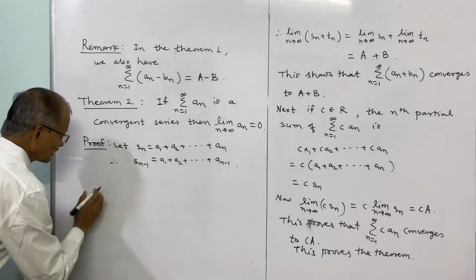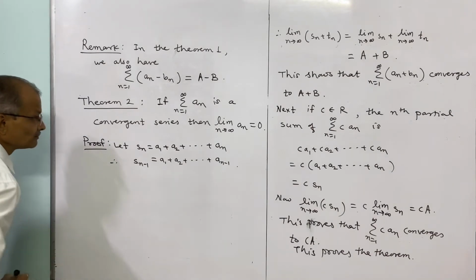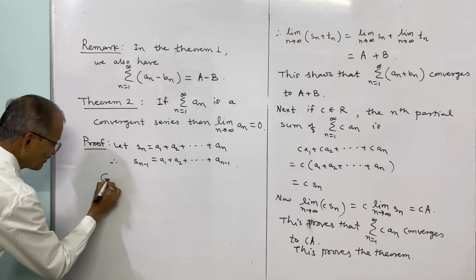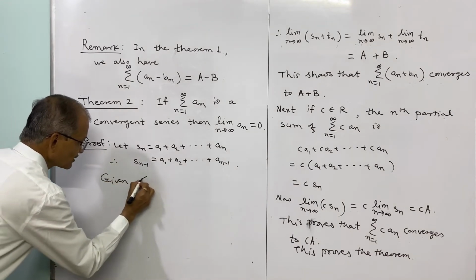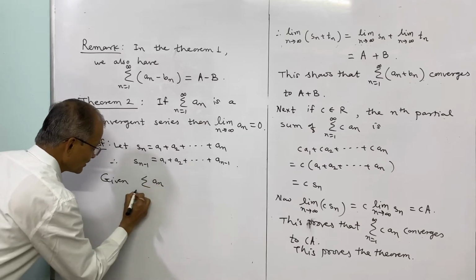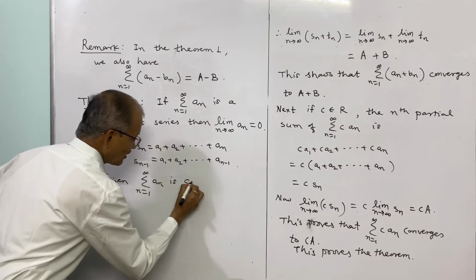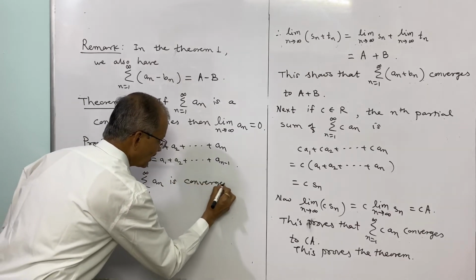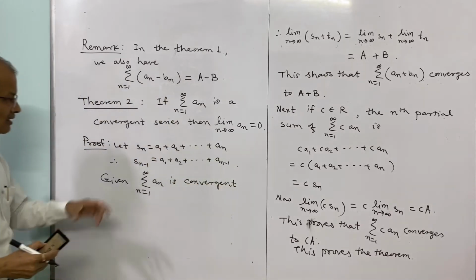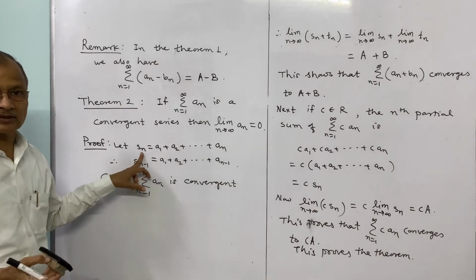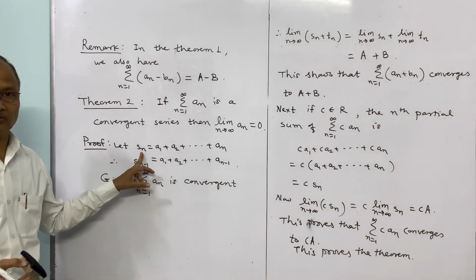By hypothesis, summation An is convergent, and therefore the sequence of partial sums must also be convergent.